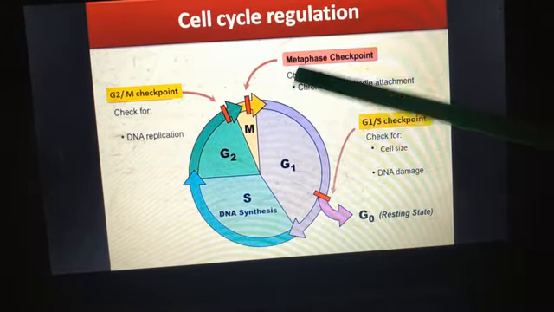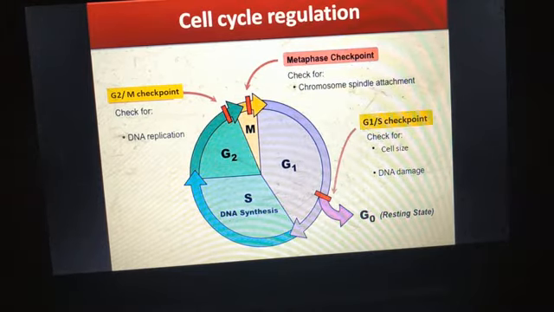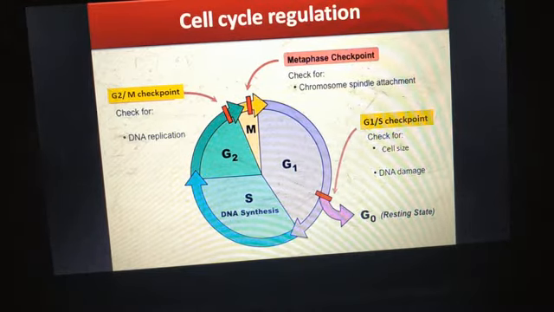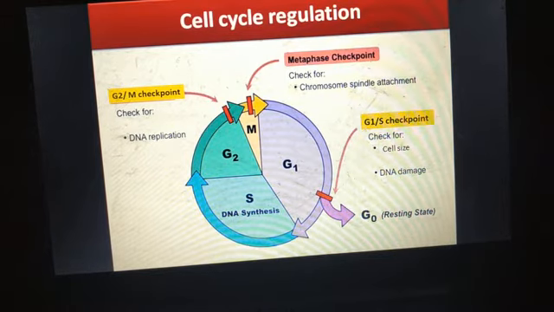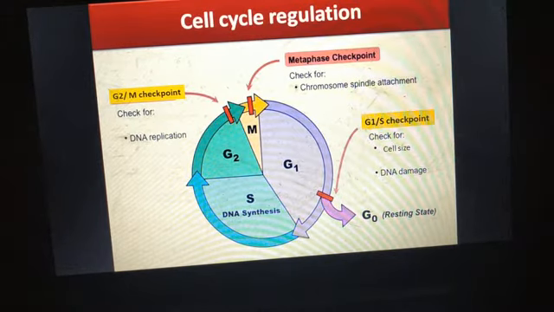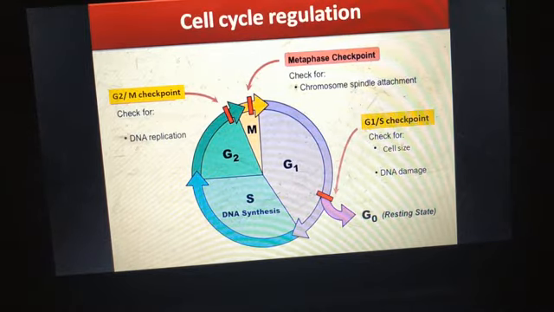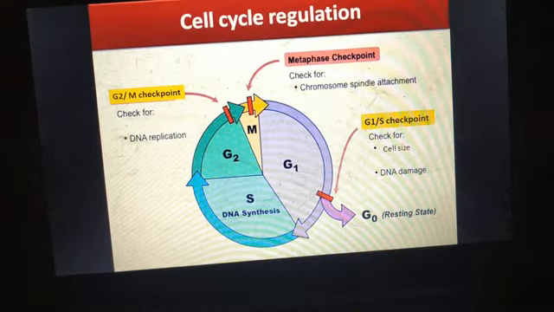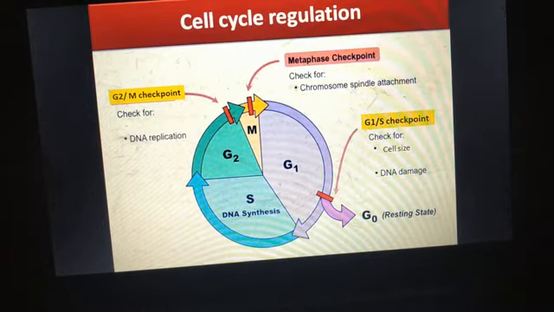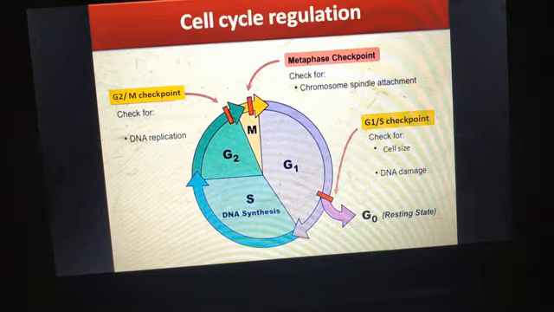So this is how a cell ensures that everything is done properly. Failure of any of these checkpoints will result in increasing the genetic damage to the cell. So genetic damage may occur if these checkpoints do not function properly.